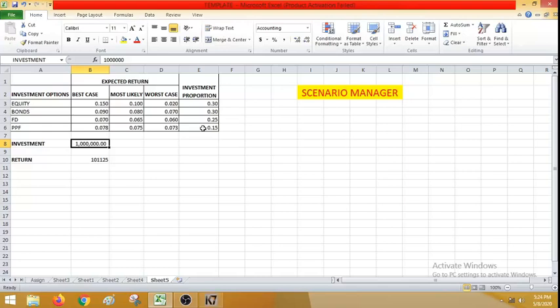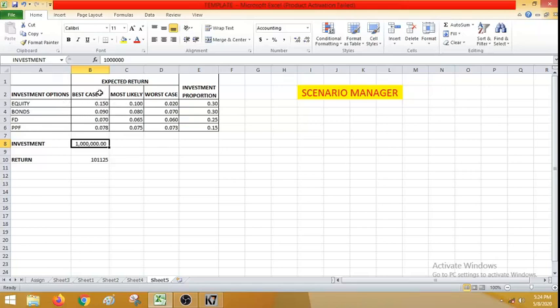Similarly FD and PPF returns can also get reduced, because the government has many types of money controls in its hand. If the money supply increases or decreases, the return can also increase or decrease. So there is always some risk in any investment vehicle we use. Even FD and PPF have some risk. When the economy is not performing well, there is a possibility of lesser interest. So these are all the interest rates.